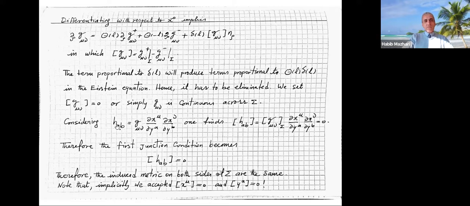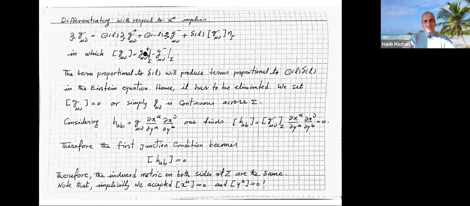Then, if g_μν is continuous, because x^μ and y^a, which we already consider to be continuous on the surface, and let's say the tangent vector and normal vector are continuous on the surface, the continuity of g_μν gives continuity of h_ab. In other words, h_ab should be continuous, or [h_ab] = h_ab⁺ − h_ab⁻ should be 0. This square bracket means the value of that quantity in M plus minus its value in M minus.